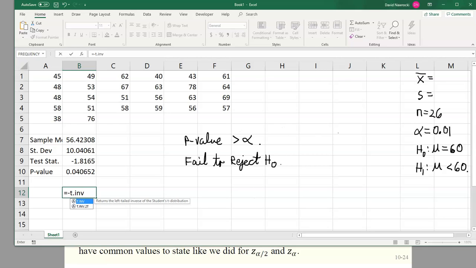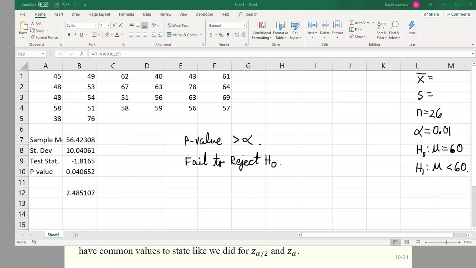So we use the t.inv. Notice we put a negative in front. We want our alpha value, which is 0.01 in this case, and our degrees of freedom is 25, 26 minus 1. There we go. And so our critical region would be t less than the negative of this number. This is for a left-tailed test.